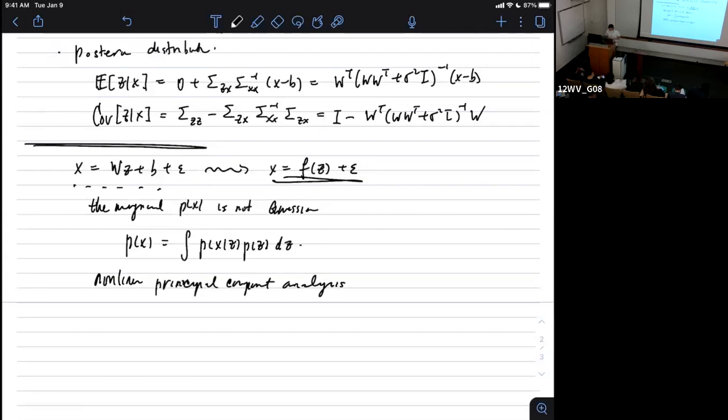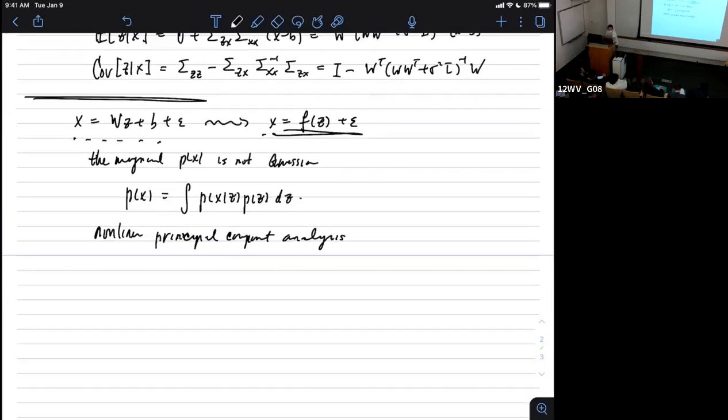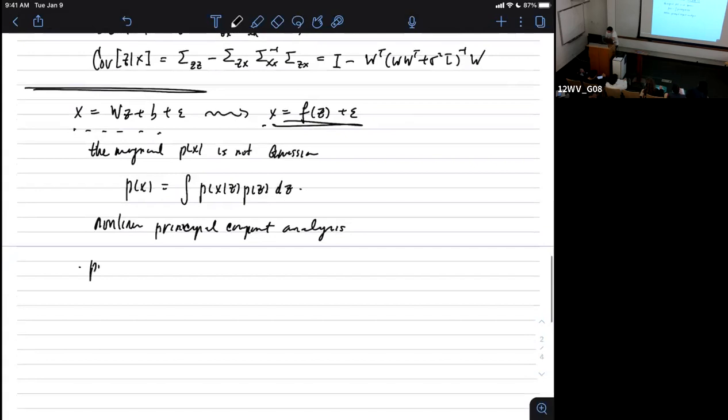Now, in this case, what we are almost always more interested in is: when I look at x, what was this Z that gave rise to this x? So we want to look at the posterior inference, trying to infer what the posterior distribution over Z is.